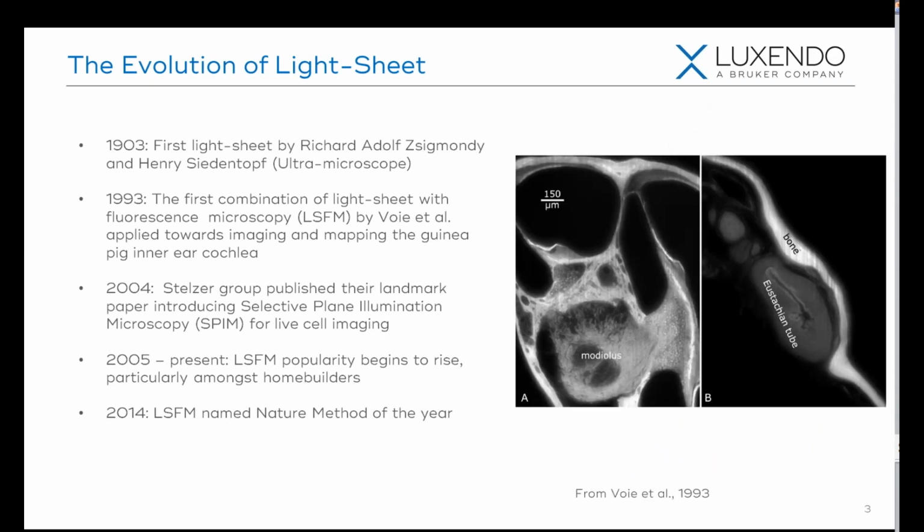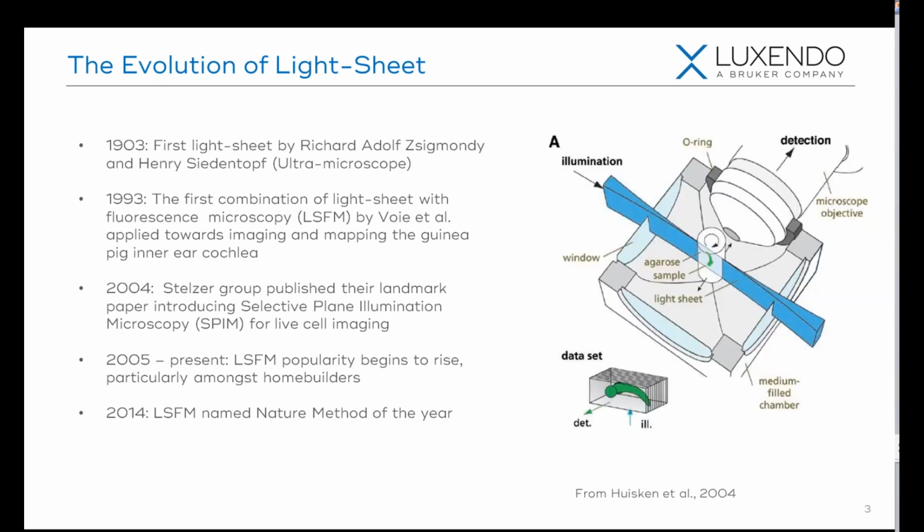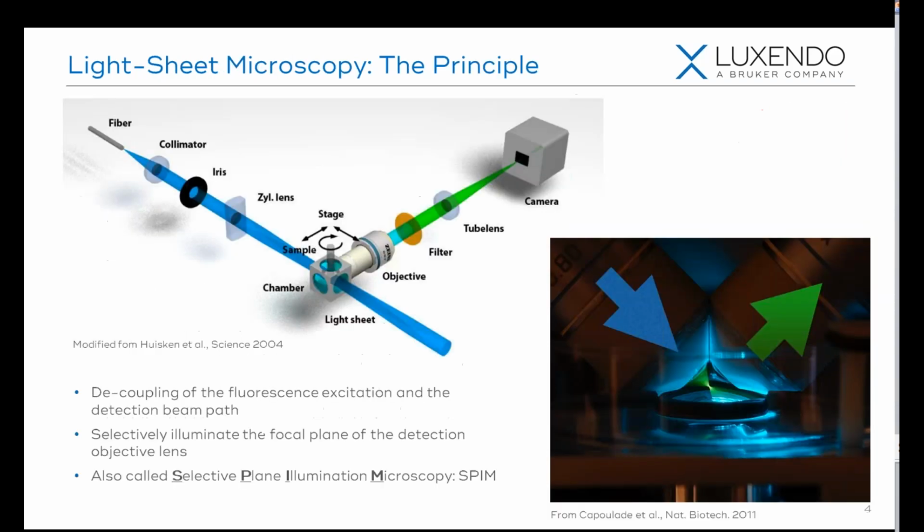Now, what makes this technique so different? What really makes this technique so different is the fact that we are essentially going to dissect your standard microscope and decouple the excitation and the emission pathways, such that we are going to excite fluorophores in an orthogonal direction to our detection axis by using a sheet of light.